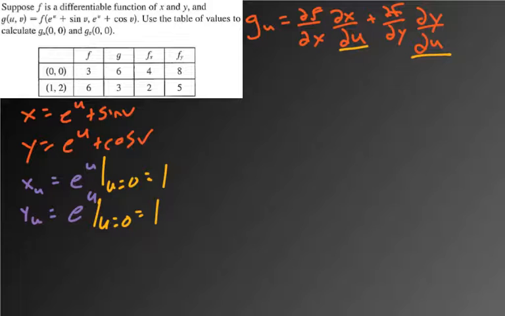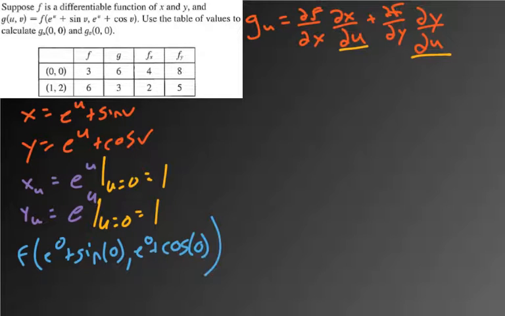So we know u and v are 0, 0, right? So if we do f of e to the 0 plus sine of 0, comma, e to the 0 plus cosine of 0, then e to the 0 is 1, sine of 0 is 0, so this is 1.